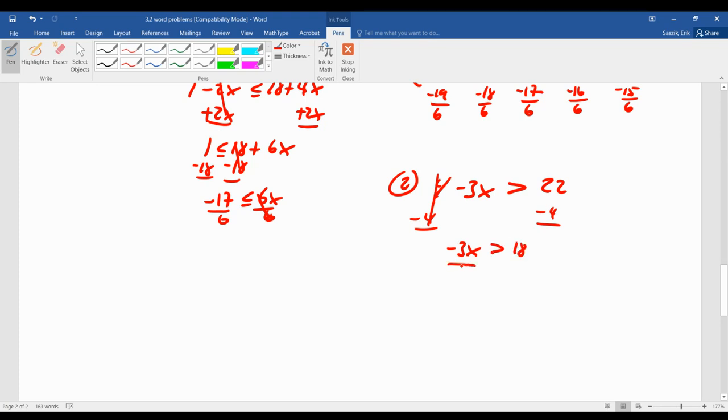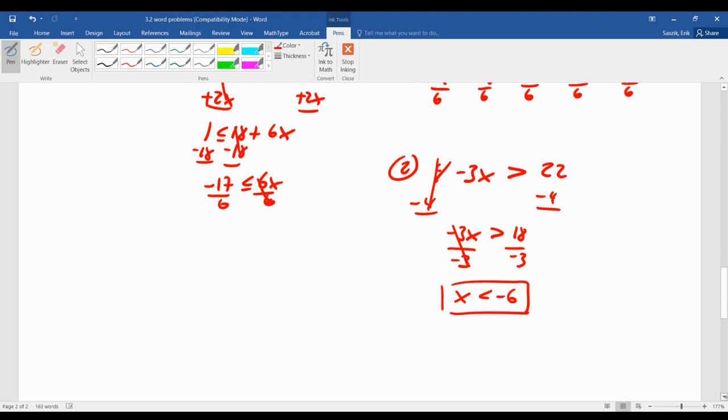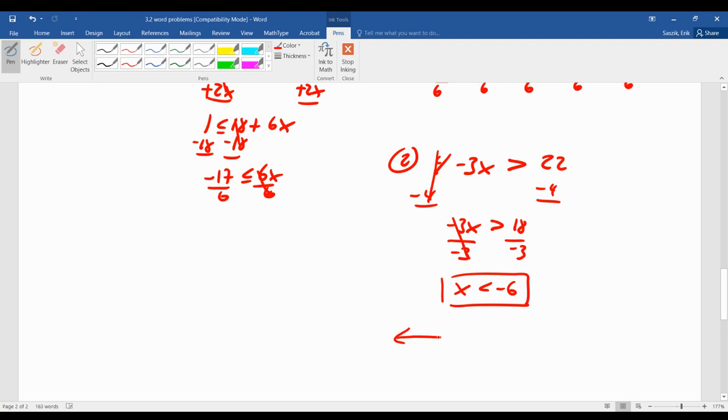Now when we divide, you notice how we're going to divide by -3? Whenever we divide or multiply both sides by a negative number, we're kind of flipping around the inequality. So we have to change this direction. This becomes x is less than -6. I hope you remember that from last year. So it's only when you divide or multiply by a negative number that you switch this direction of the inequality.